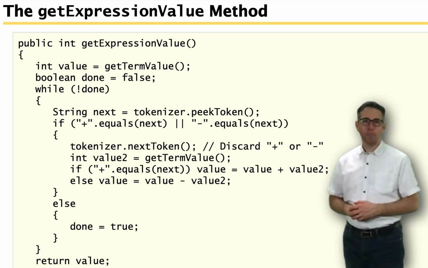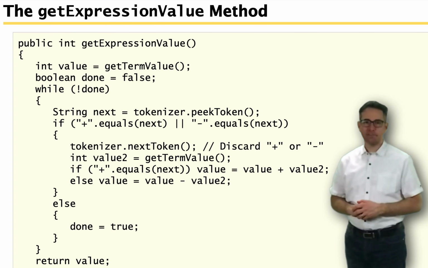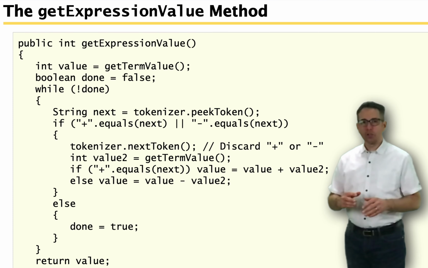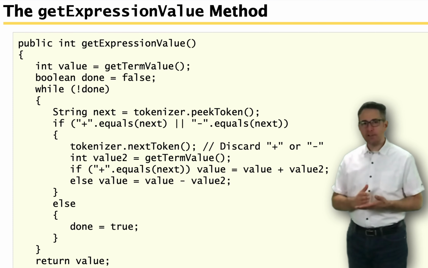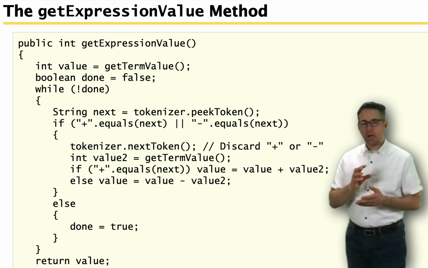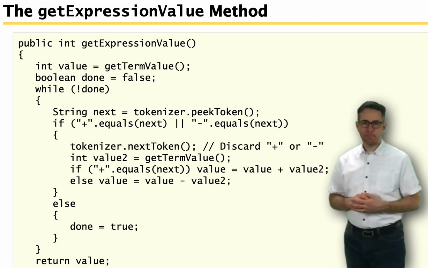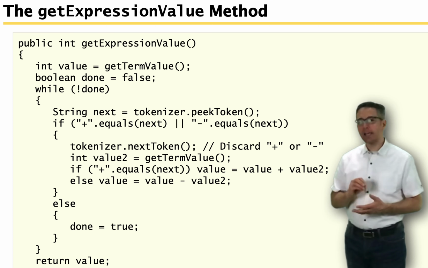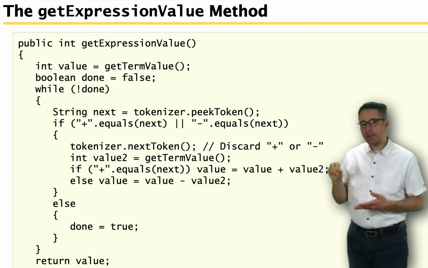That's a recursive call. We assume that we get that, and we get the value back. Now we start a loop that's going to go through each of the different operands on each side of the plus or the minus, and then add them or subtract them up. So as long as we're not done, we're going to take a look at the next character that's coming down our string.